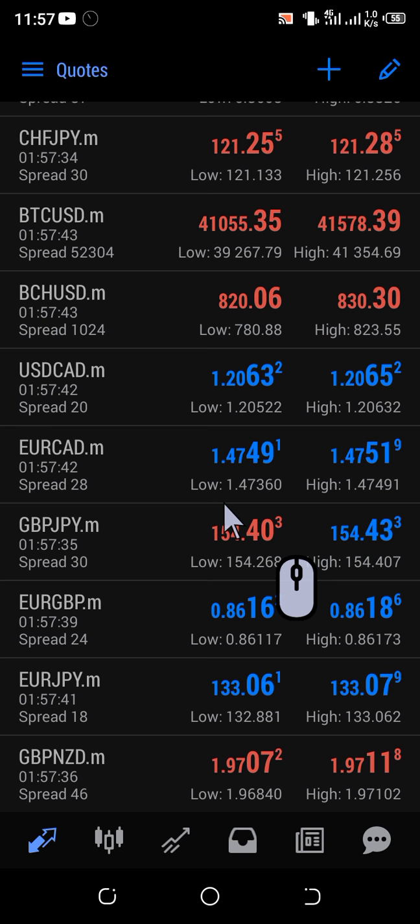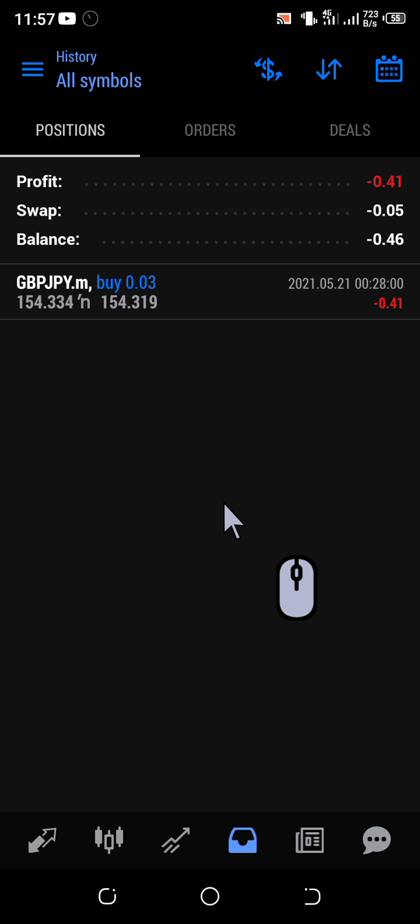If you take a look at my trading history today, you see this was the last trade I closed, simply because I never wanted to stay with this swap.